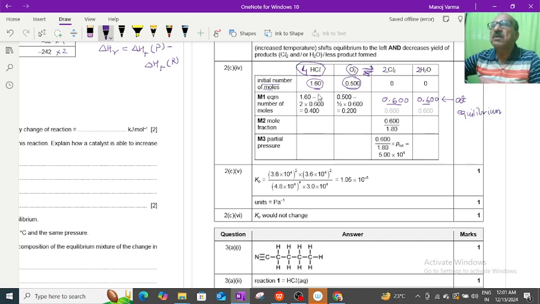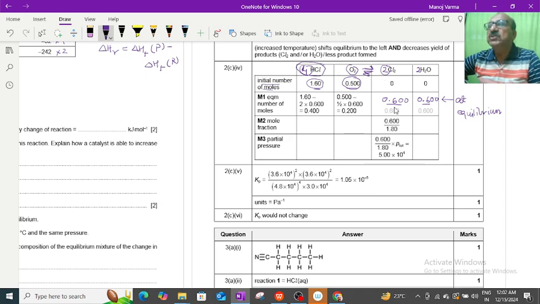Some amount of the HCl and oxygen had been used up, and therefore you will no longer have 1.6 moles and 0.5 moles. Now you have to look at the stoichiometry. When you look at the stoichiometry, this is 2 and this is 2, that means the amount of HCl used is twice the amount of chlorine.